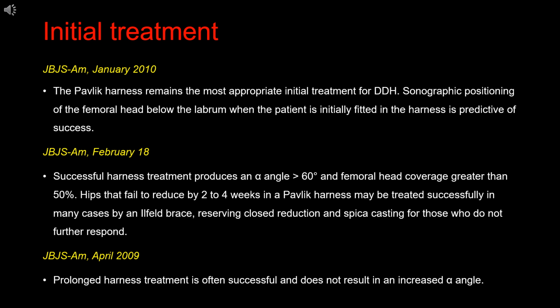Hips that fail to reduce by 2 to 4 weeks in a Pavlik harness may be treated successfully in many cases by an abduction brace, reserving closed reduction and spica casting for those who don't further respond. Prolonged harness treatment is often successful and does not result in an increased alpha angle.